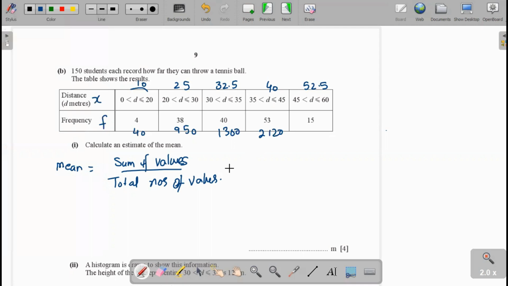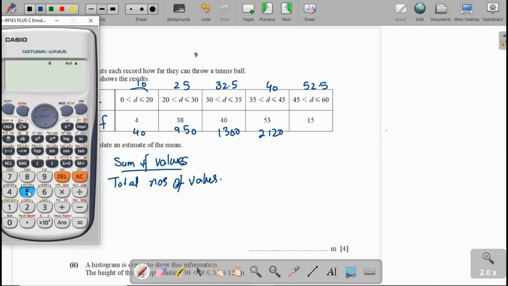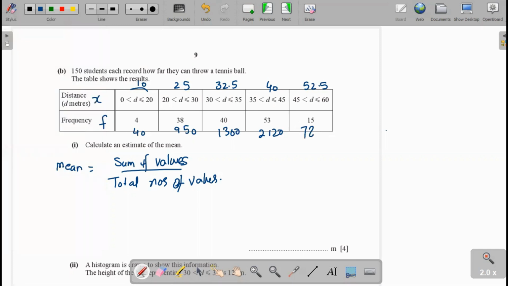And next is 52.5 multiplied by 15, the answer is 787.5. Now we add all these values.